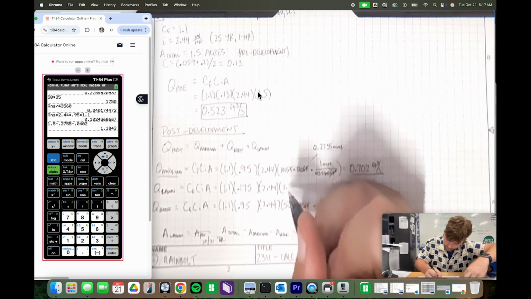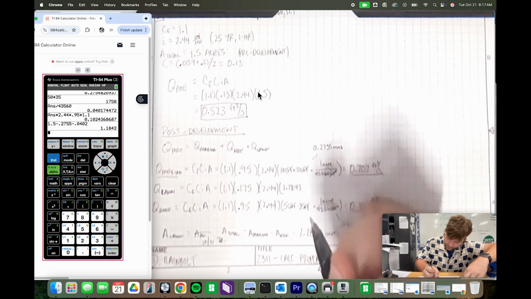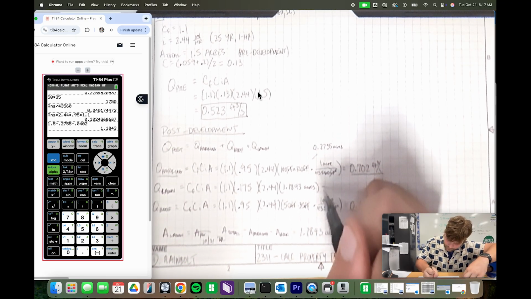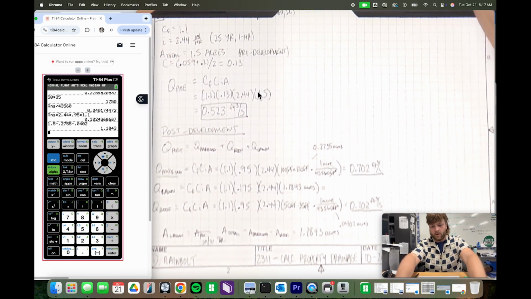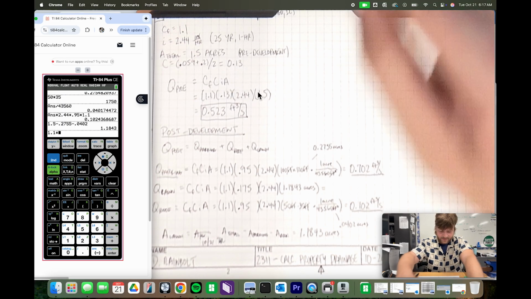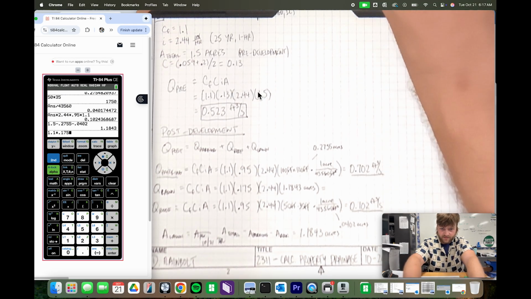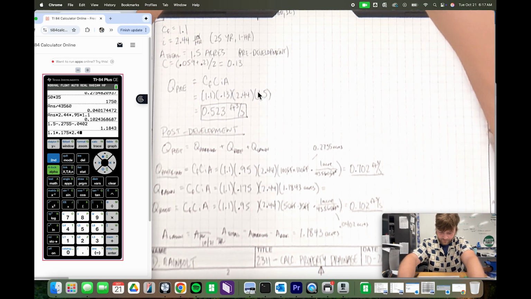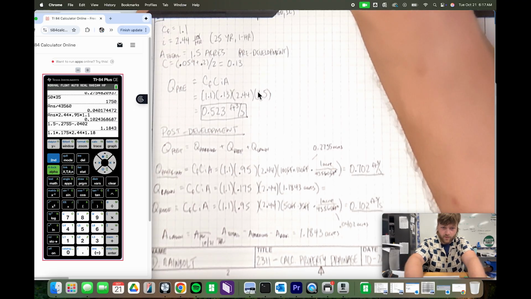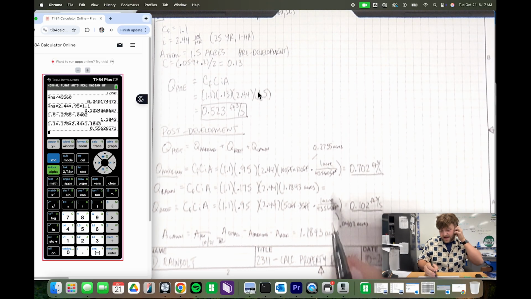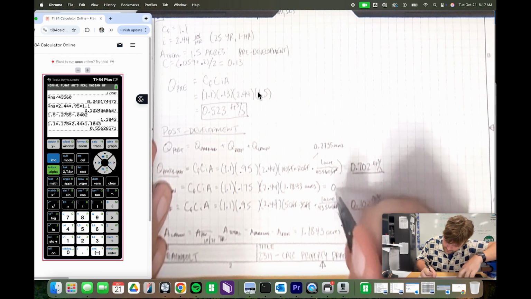So 1.1843 acres. Now we can multiply this out. So 1.1 times 0.175 times 2.44 times 1.1843. Perfect.